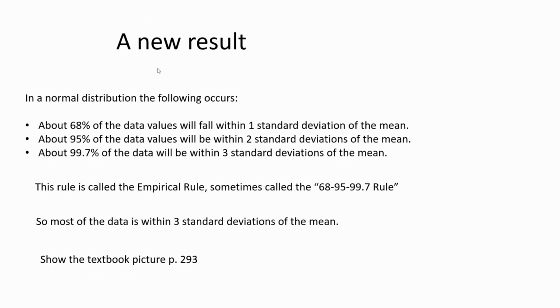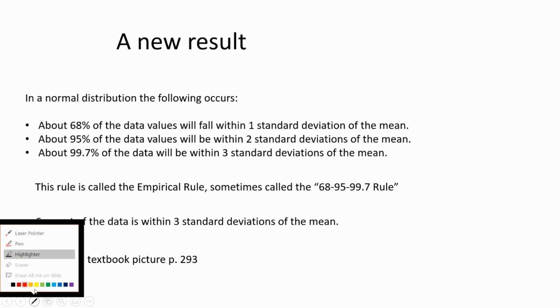There are a lot of very nice features about it. For instance, it's symmetric about its mean. It is bell-shaped, just to name a few very nice properties. Another one is given by this rule that we have, the empirical rule, as it's called.